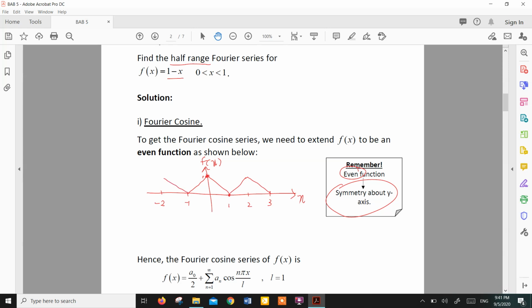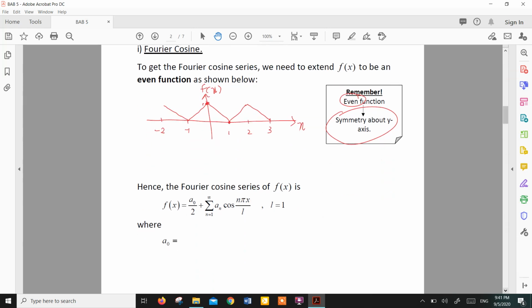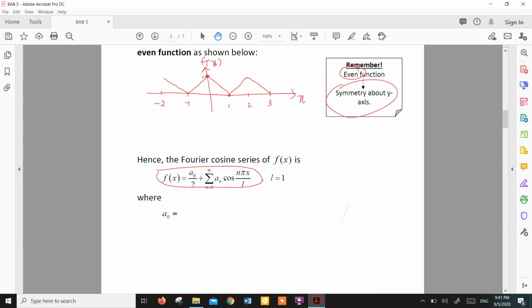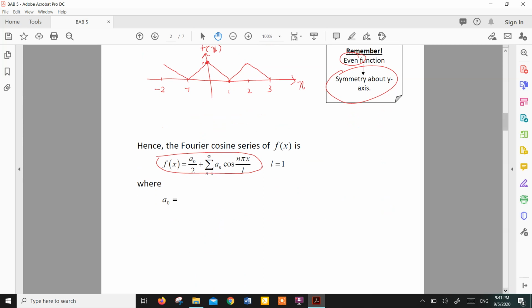Understand how to draw the graph. Then the Fourier cosine series of f(x) is given by this general formula, so you need to find a0 and an.